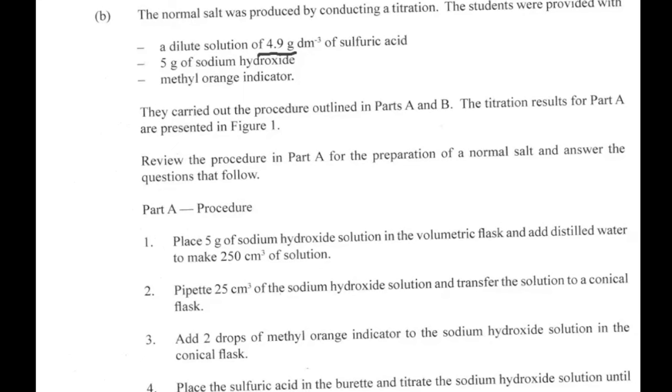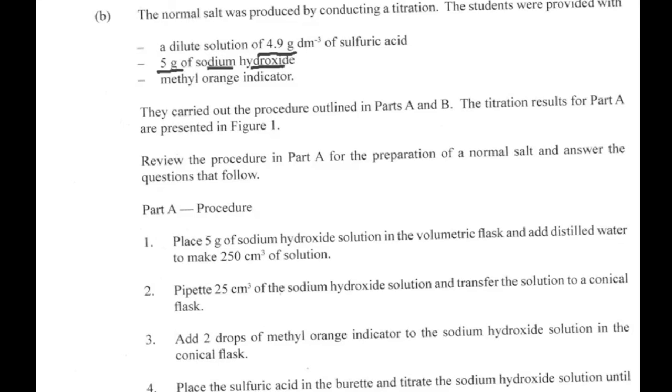Very important, we're given the mass concentration here. We're given 5 grams of sodium hydroxide, the base, and we're given methyl orange indicator. They carried out the procedure outlined in parts A and B. The titration results for part A are presented in figure 1. Review the procedure in part A for the preparation of a normal salt and answer the questions that follow.